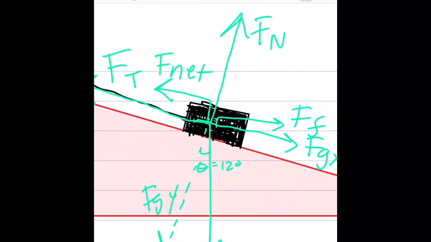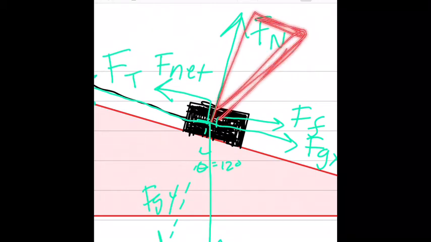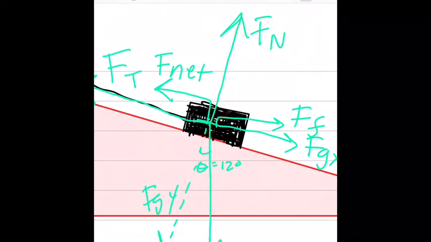Now, if you remember, we don't have any x and y values for normal force because we calculate them all for Fg of x. So we are actually going to use Fg of y to determine the force acting straight down on the surface, which makes more sense because Fg of y is pushing straight down on the surface. It's got to be the value that's perpendicular to the surface. You can't use this value because this value is going down the incline.